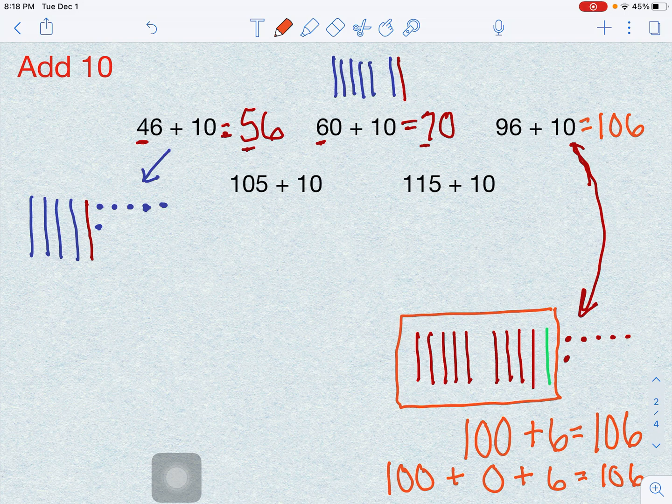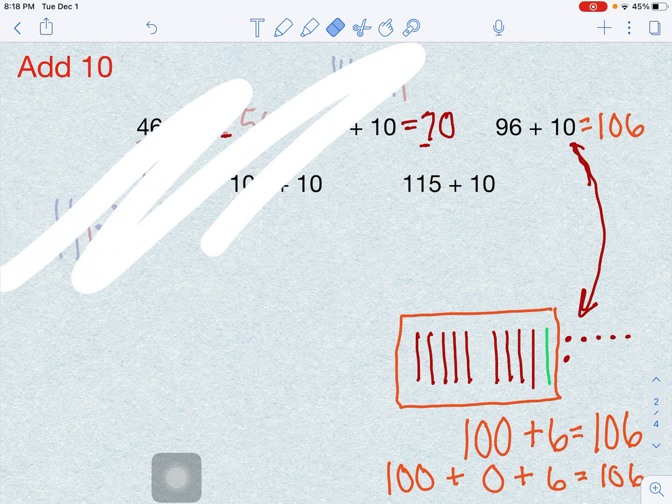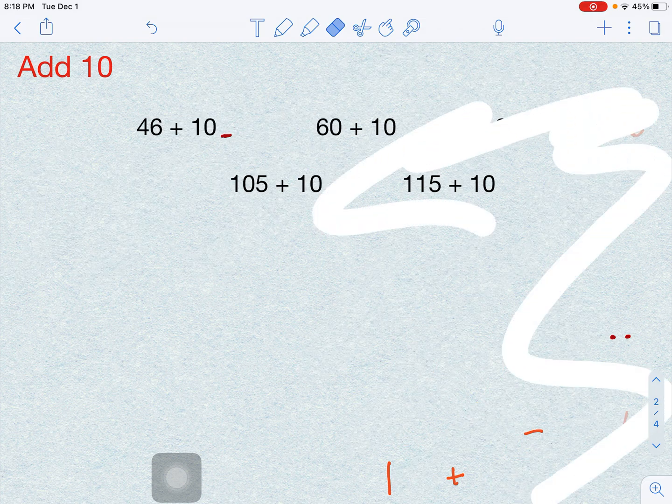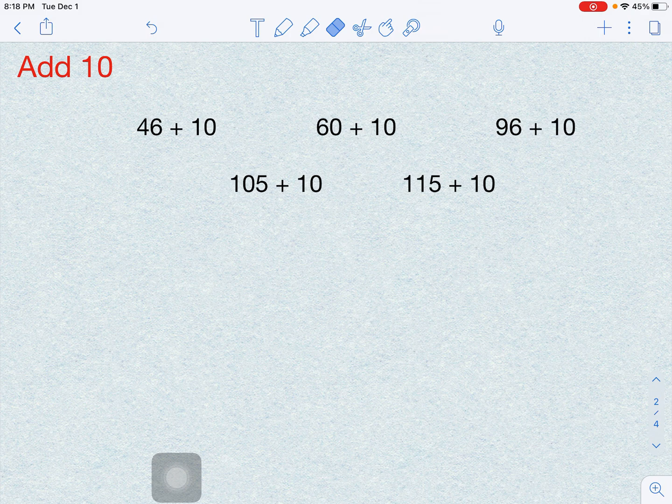As you're watching these, I'm wondering if you're starting to notice how these are the same and how they're maybe different than when we added the ones. Okay, 105 plus 10. Here's my 100. In 105, there is no 10, so 101, 102, 103, 104, 105.